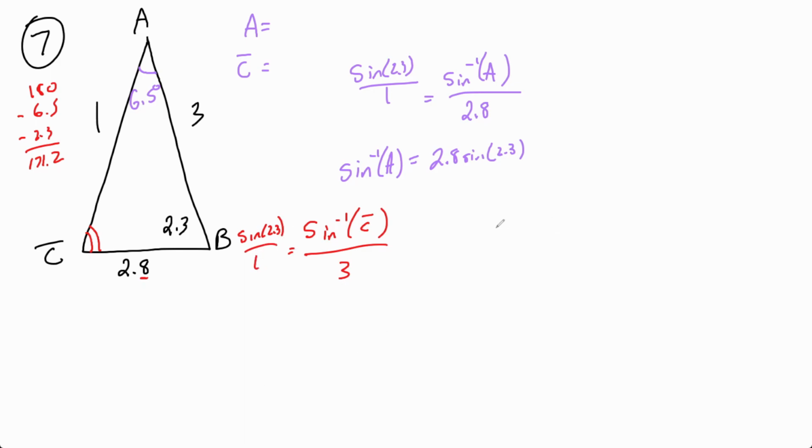Cross multiplying stays nice for us. We get sine of C is equal to 3 sine 2.3. And what's happening here is going to be inverse sine of 3 sine 2.3, and we get 6.9. It's not looking very good, is it? Well, it doesn't look good at all.